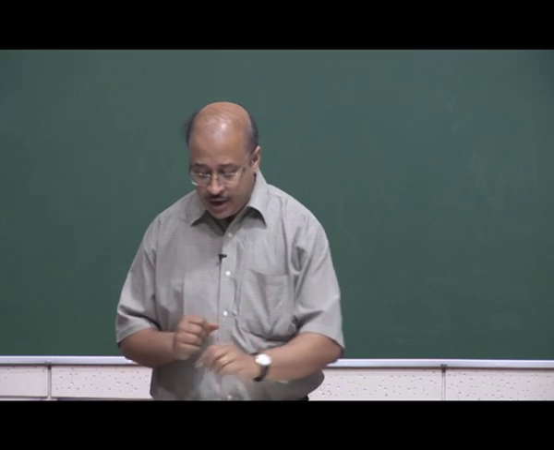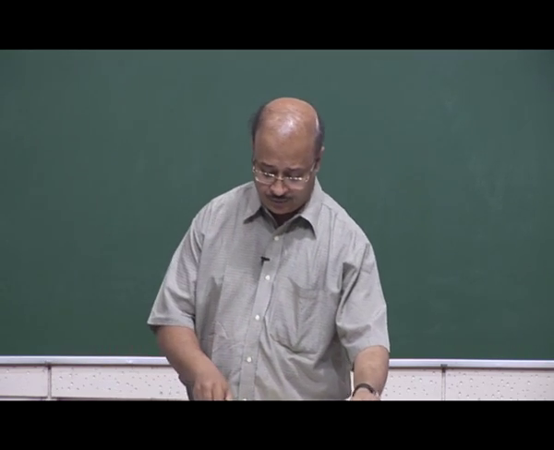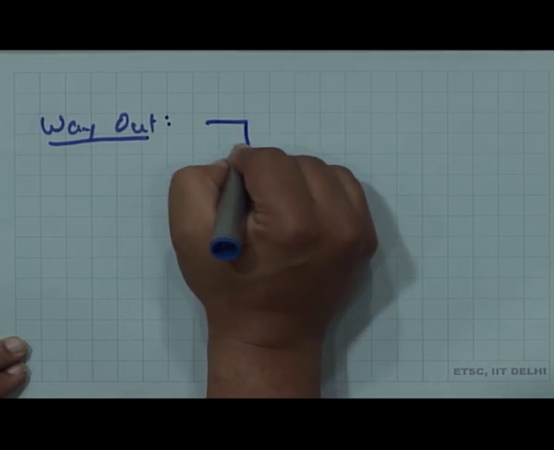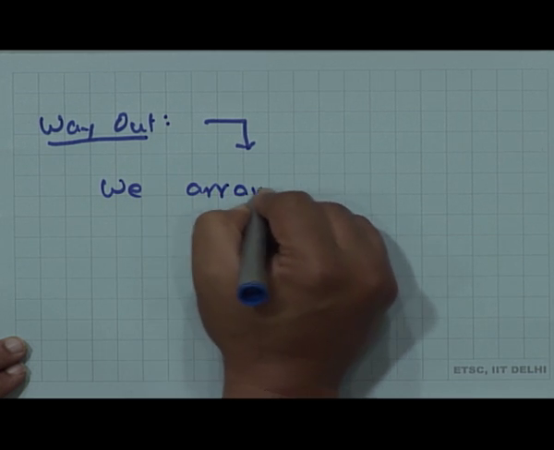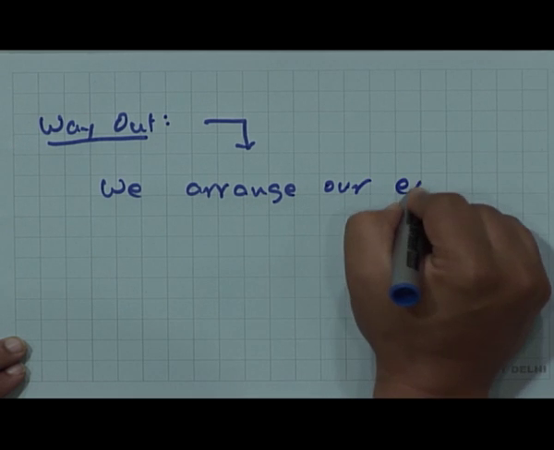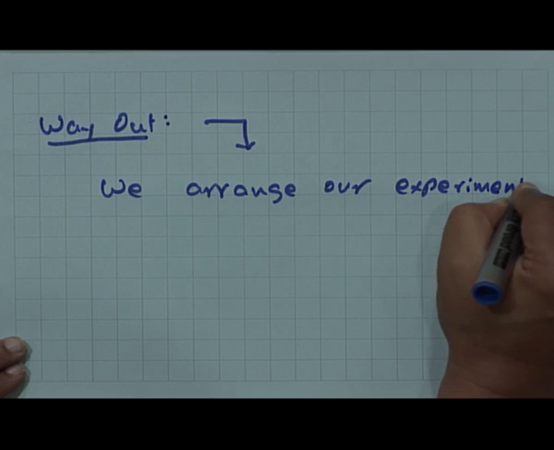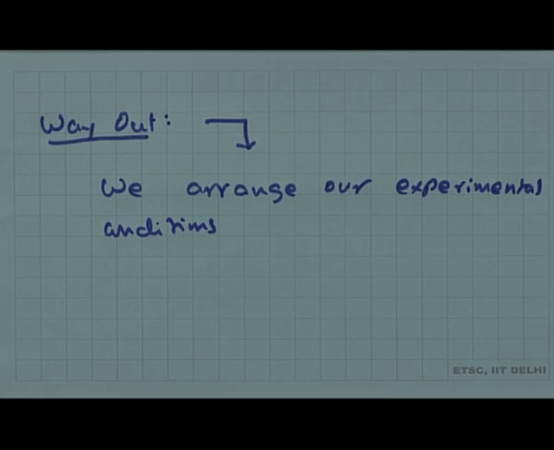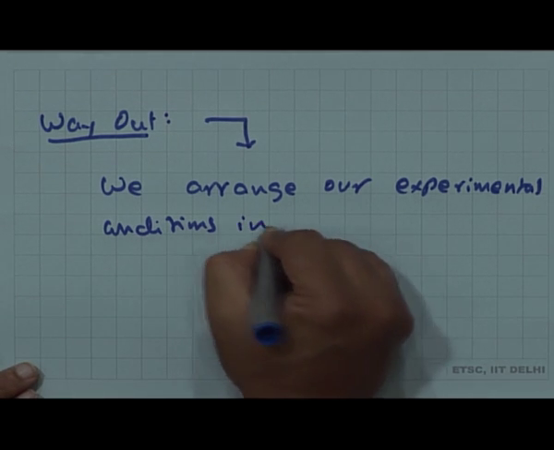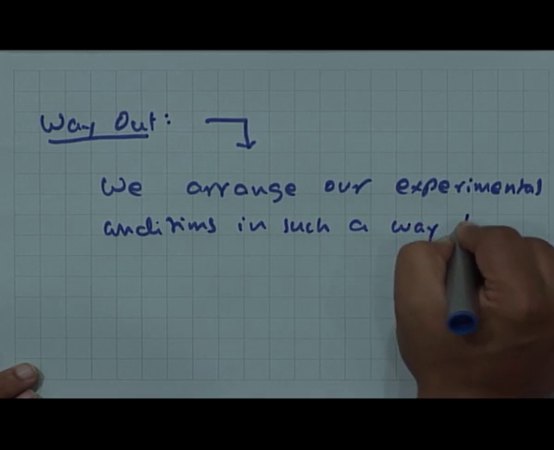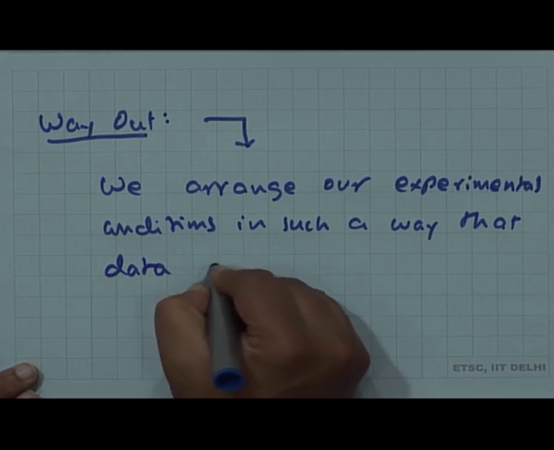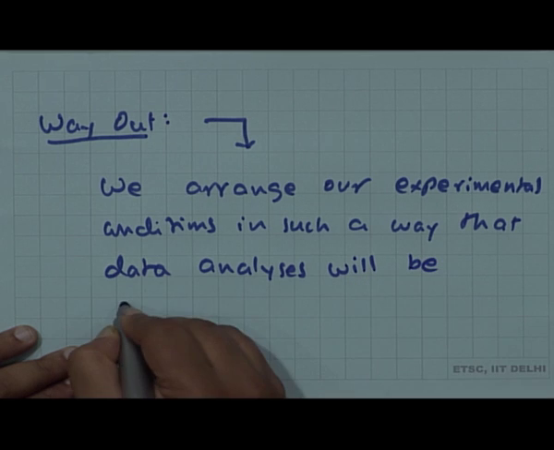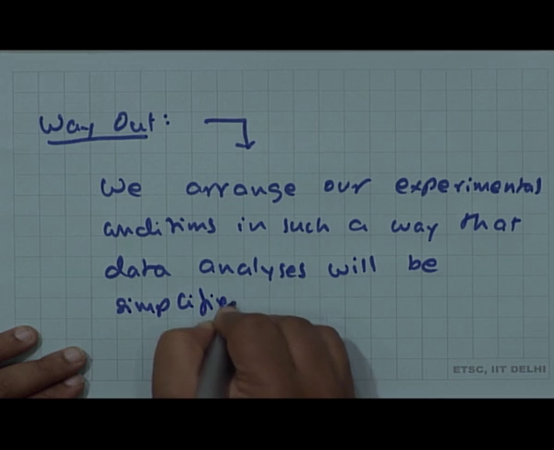So, what is the way out? The way out is we arrange our experimental conditions in such a way that data analysis will be simplified.